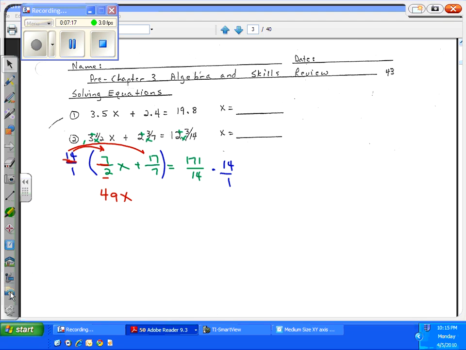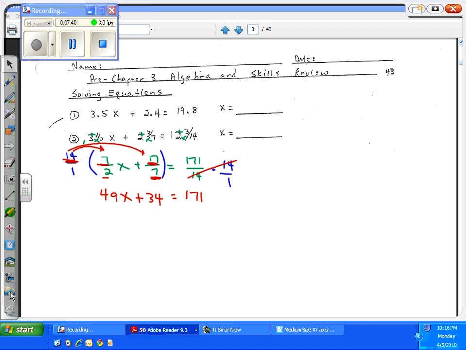And then we'll go 14 times 17/7. This 7 will go into that 14 two times, and 2 times 17 is 34. And those 14s cancel, and we get 171. So we multiplied through by the common denominator.